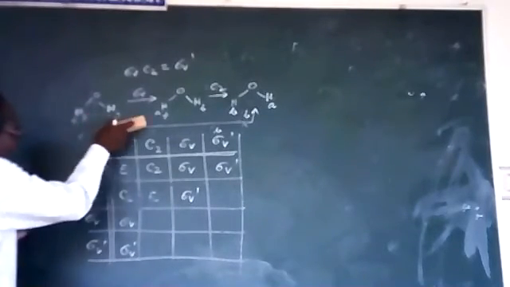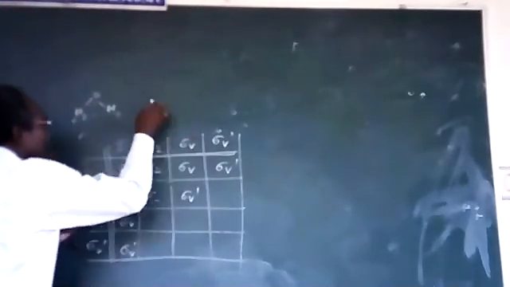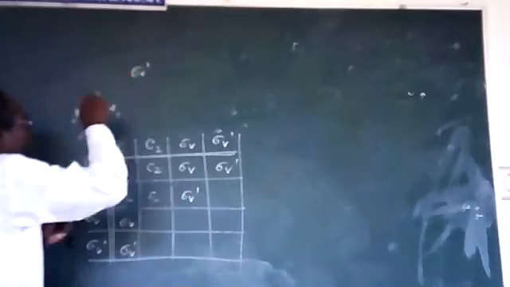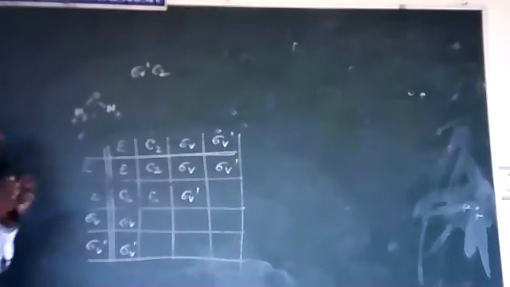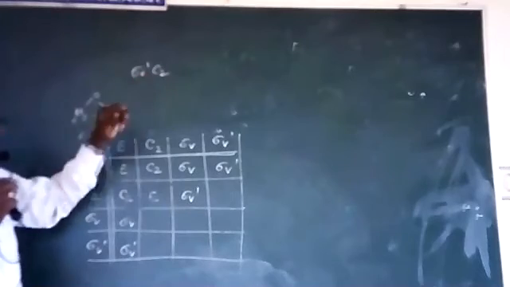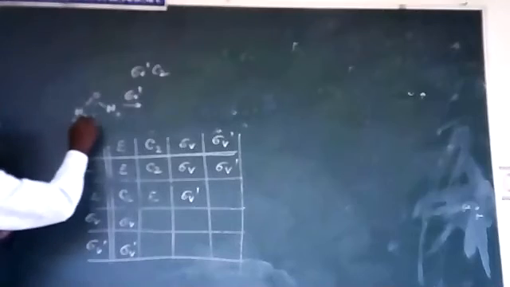Now I will try the next one so that you will understand. For the next one, you write the column operation first, sigma V dash, and then the row operation, C2. What is the one single operation corresponding to these two? That is what we are going to find out. I am performing sigma V dash first.